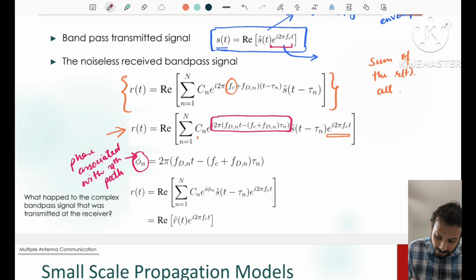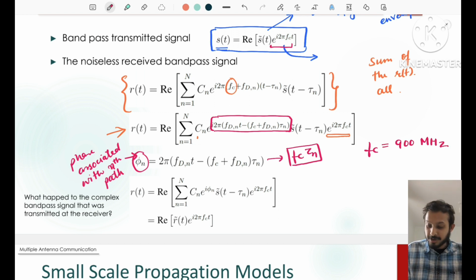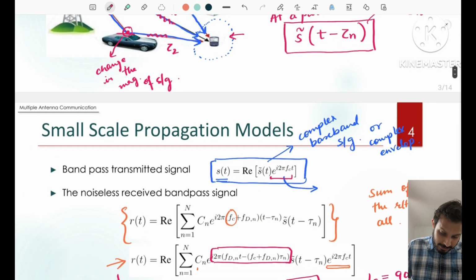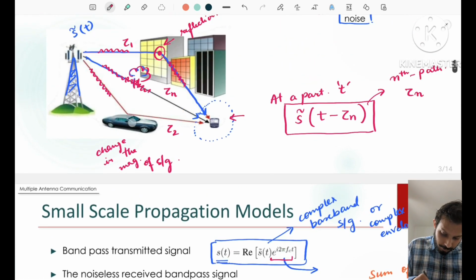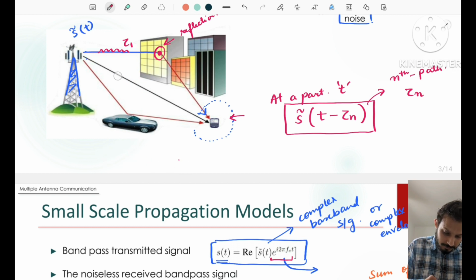And it can be seen that this is a function of fc into tau n. So at a carrier frequency of fc, we would like to see how much the phase of the signal has changed.